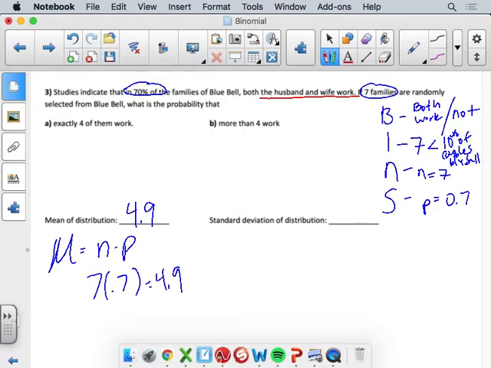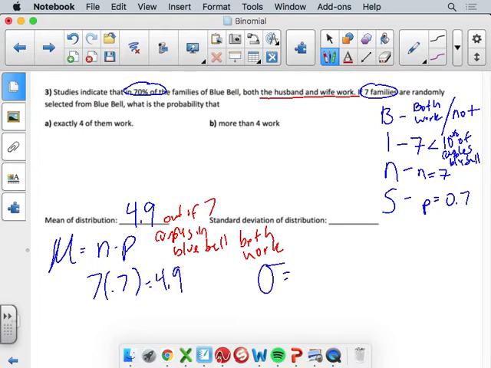That means 4.9 out of 7 couples in Bluebell both work. So on average, if we did many samples of 7 from Bluebell, 4.9 out of those 7 couples would both work.